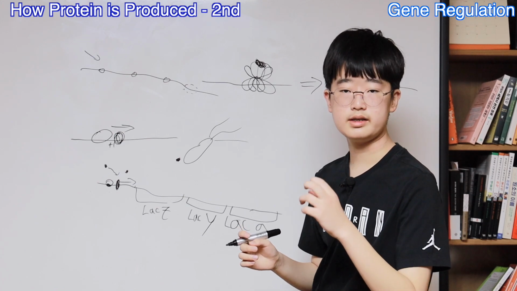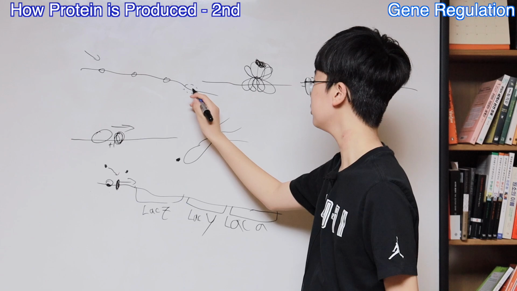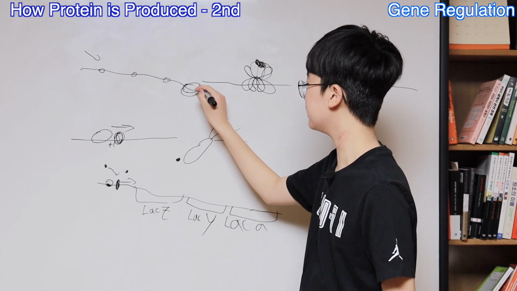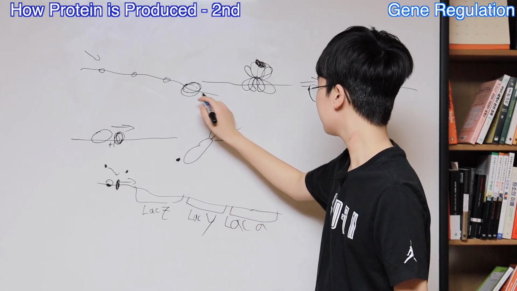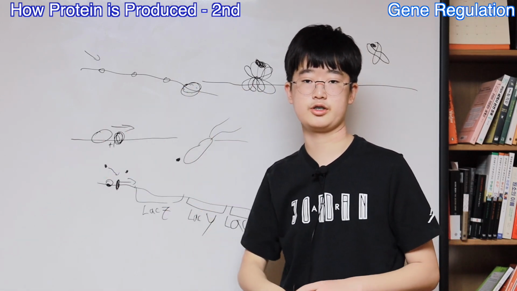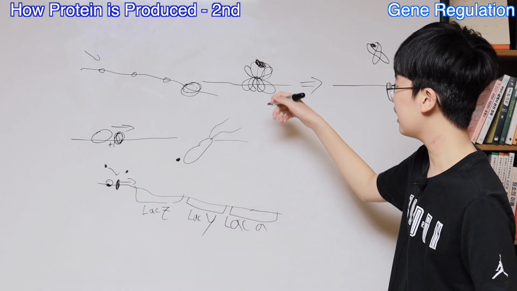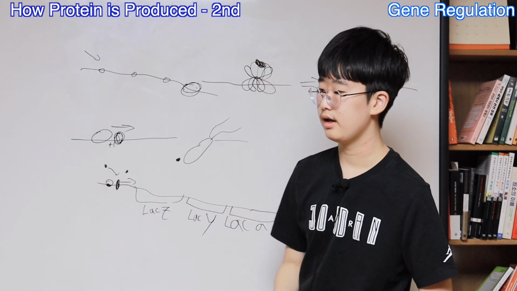And this sigma 32 makes the polymerase able to bind somewhere like these, so it can make stuff that is fit for higher temperatures, proteins that are needed for higher temperatures. It kind of works like this.